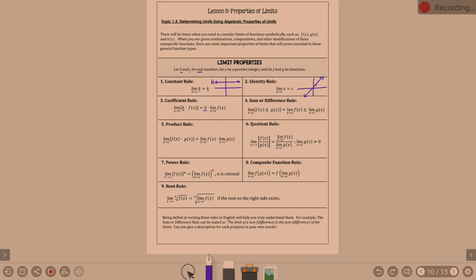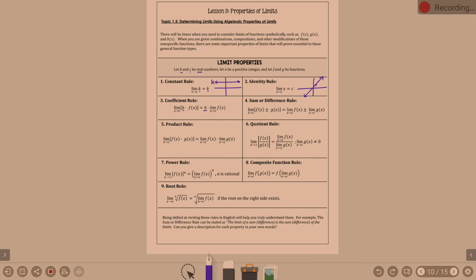If you have two things added or subtracted together within a limit, you can separate them and do them individually, because sometimes smaller pieces are easier to work with. Product rule, same thing. If you have two pieces being multiplied inside a limit, you can separate them into limit times limit. Quotient rule, same idea. If you have a division within a limit, it can be a limit divided by limit as long as the denominator is not 0.